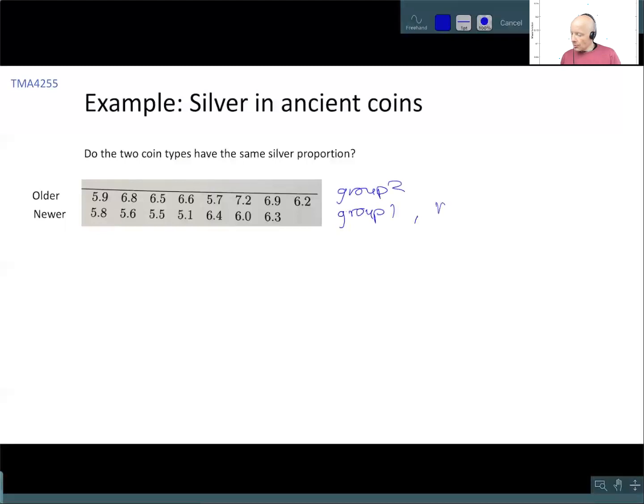And here in group 1, there are 7 samples, and in group 2, there are 8 samples. And we will check if it's the same silver proportion. So that means, could they be from the same population, or is it such that it changed over time?